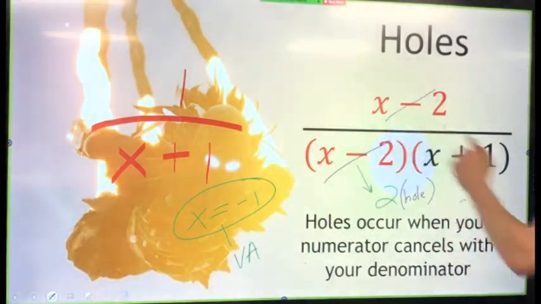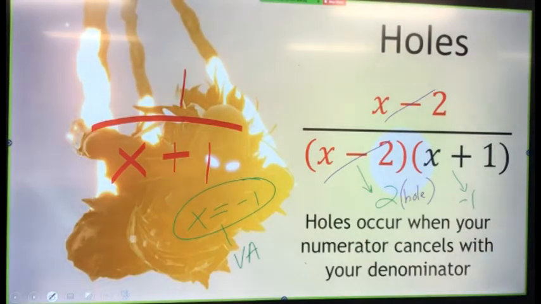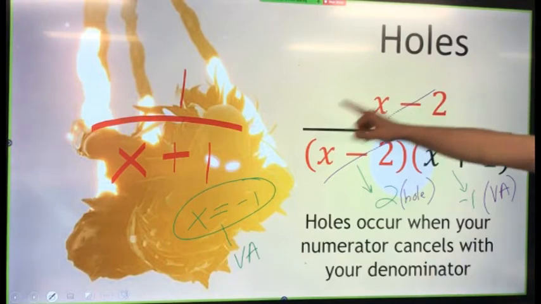So since these cancel, they create a hole. Since this minus 1 doesn't cancel, I don't have another x plus 1 on the top, this is a vertical asymptote. So holes will cancel after you're done finding the 0, and vertical asymptotes will stick around.